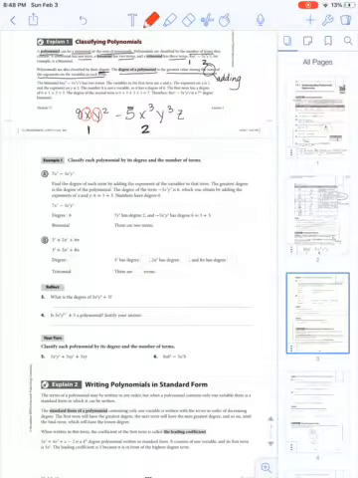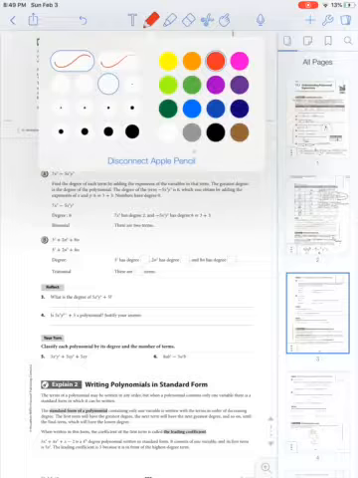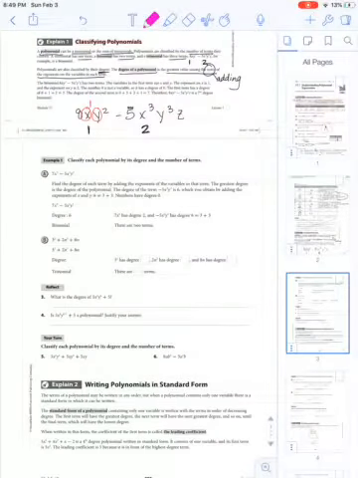The exponent on x is 1, and the exponent on y is going to be 2. Let me actually go ahead and switch colors just so we can see that. So we have 1 and we have 2. Okay. The number 8 is not a variable, so the degree is 0. So anytime we have a constant, our degree is going to be 0. So on this 5, we're going to have 0.